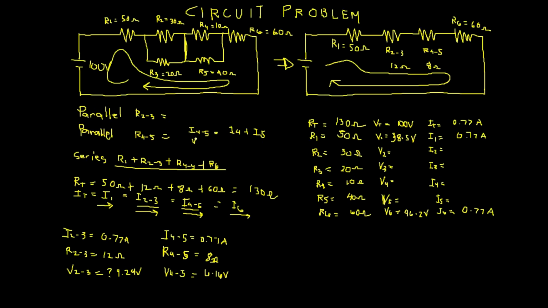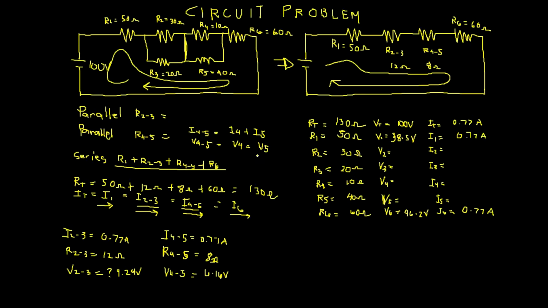So, sa voltage ng V4-5, since yan ay parallel, equal ang V4 at equal ang V5. So, ibig sabihin kung ano yung voltage ng V4-5 ay equal din sa V4 at equal din sa V5 kasi directly connected pareho sila, nakaparallel.